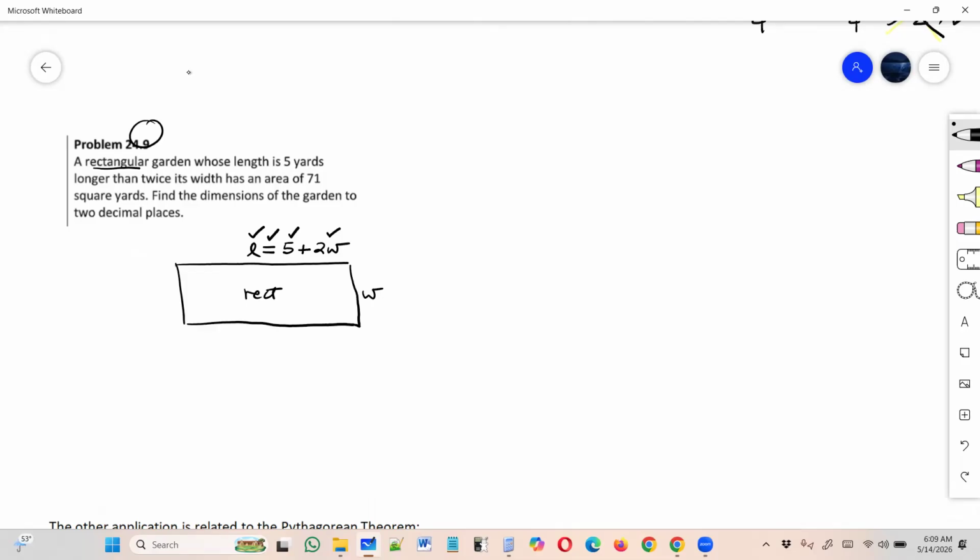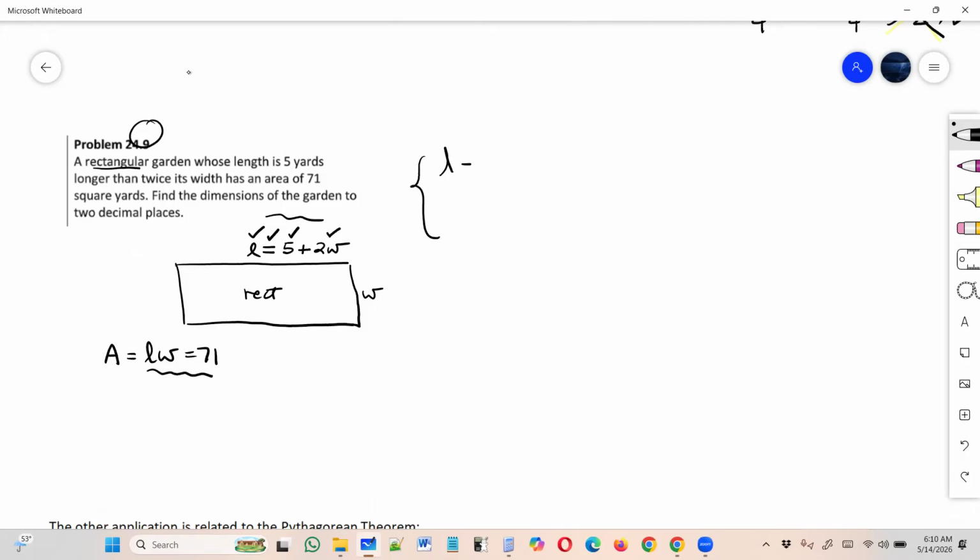And then they say that the area is 71. So the area, we know what area is. Area is length times width, which is 71. So now we have two equations. I guess we didn't need the picture, but here it is anyway.